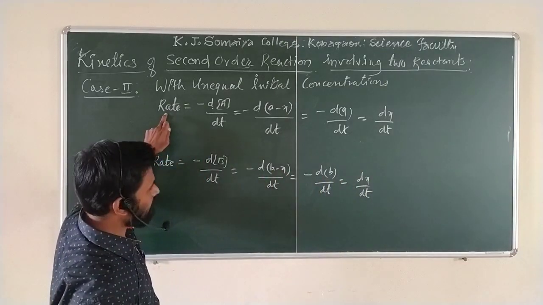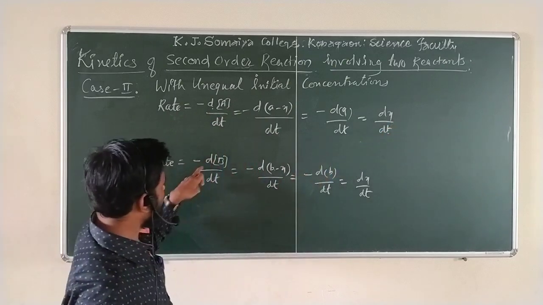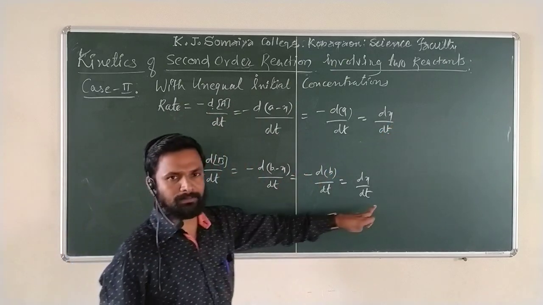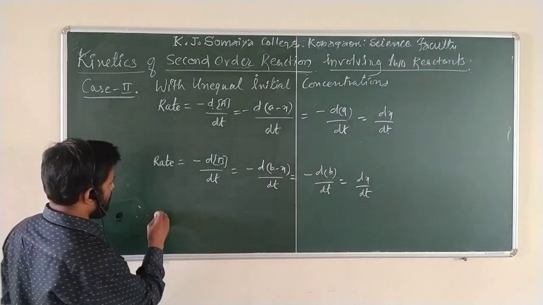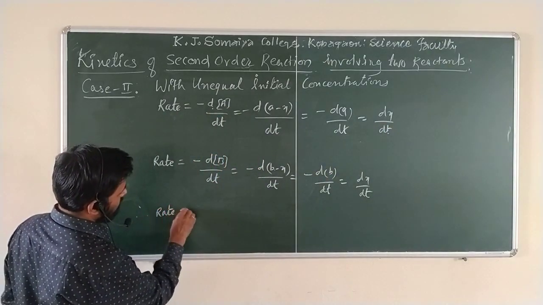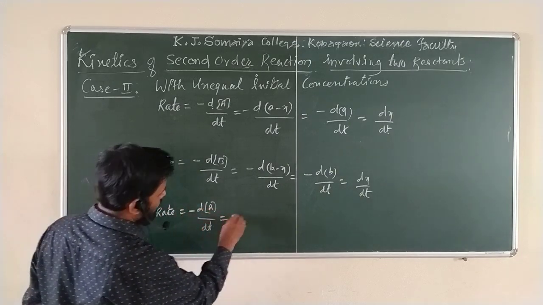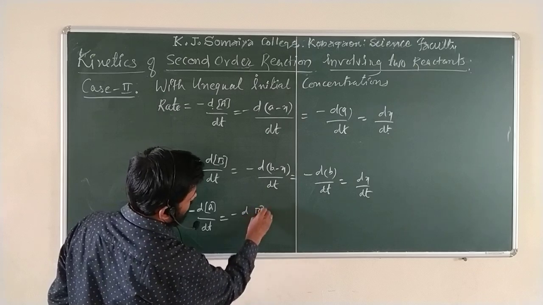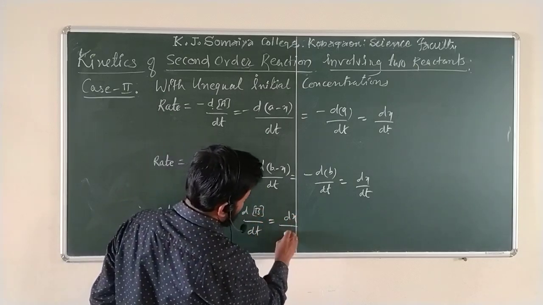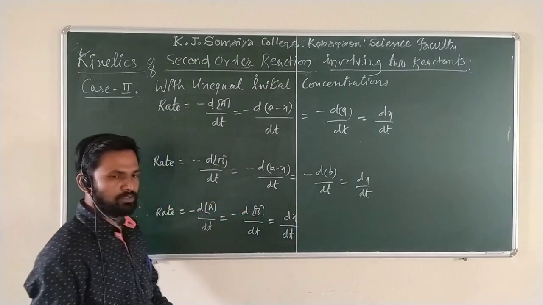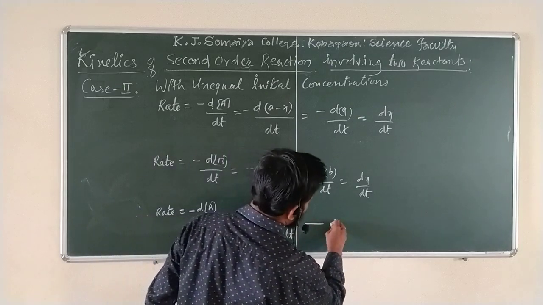Here in one equation minus dA upon dt is nothing but dx upon dt, and minus dB upon dt is nothing but dx upon dt. So therefore rate can also be written as minus dA upon dt equals minus dB upon dt equals dx upon dt, because we have to consider with respect to a certain concentration. So this is equation number 2.